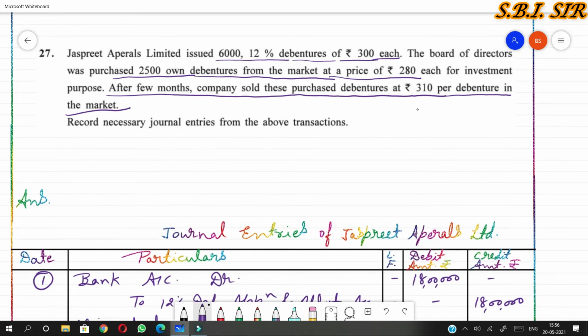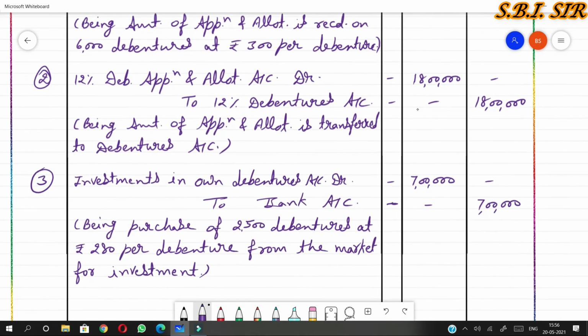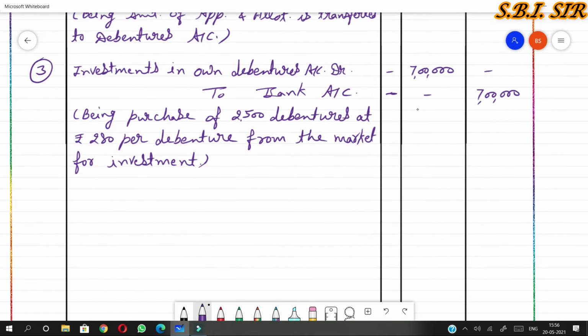And in the next entry, students, the company sold these purchased debentures at rupees 310 per debenture. Then we will make the sales entry, fourth: bank account debit. The company sold these debentures at 310, so the amount will be 7,75,000.